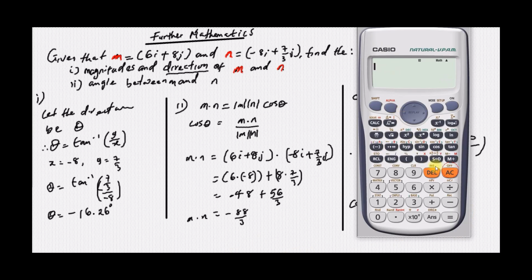So cos inverse of minus 88 divided by 250. Let's see what it will give us. That is 110.6096929.